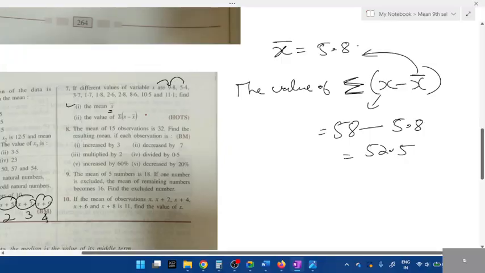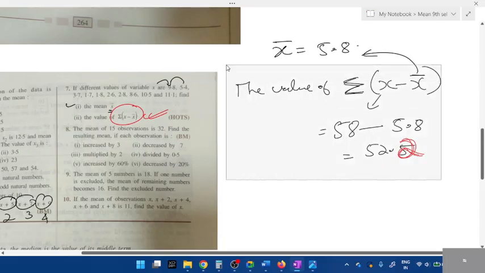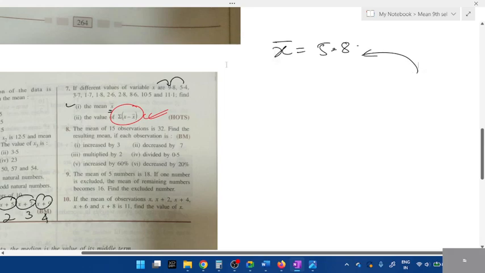So did you understand this question? What it meant? Oh, is it 0? Is the first answer correct? 5.8?